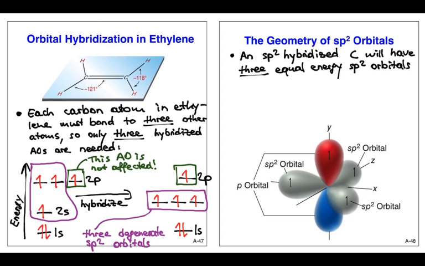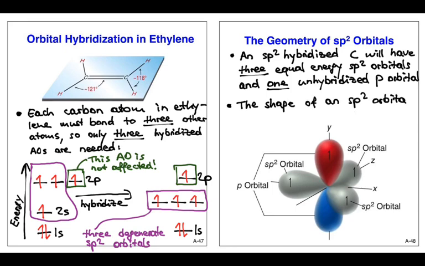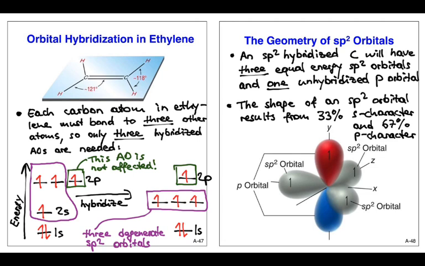First, look at the geometry. Let's look at the geometry of these sp2 orbitals here on the right on slide A48. Essentially, we built a carbon atom. It has 3 equal energy sp2 orbitals and 1 unhybridized p orbital. The shape of the sp2 orbital is very similar to the shape of the sp3 orbital, except that now we have 33% s character and 67% p character.